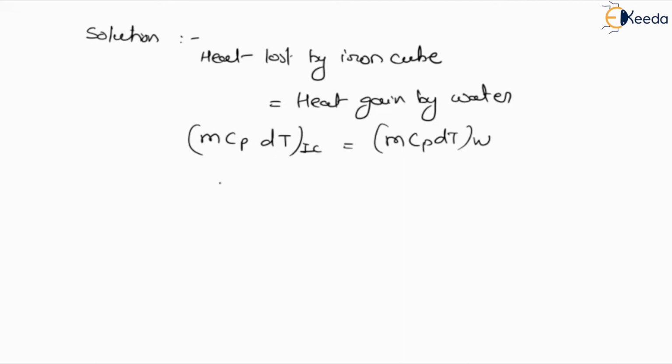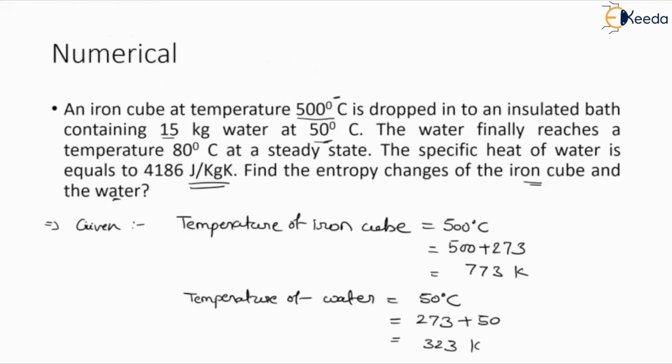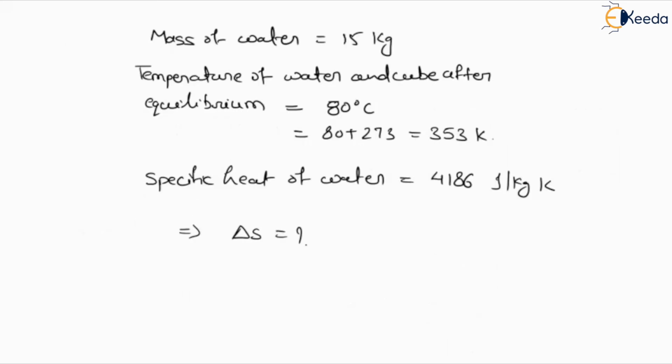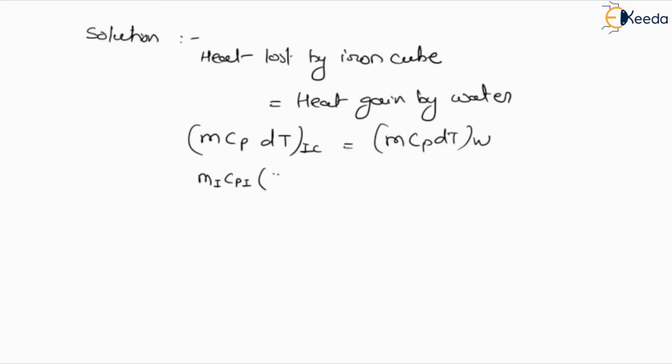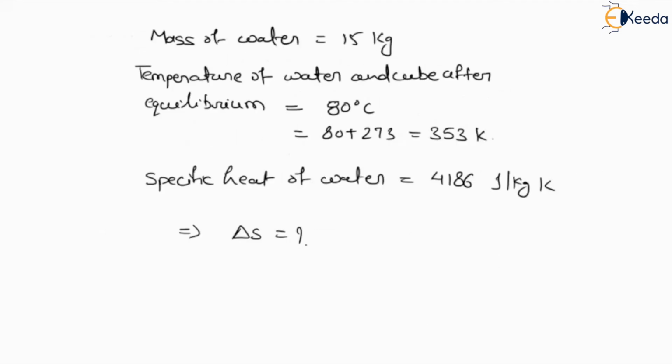So here let me write it down. It will be m_i Cp_i times dT, where the temperature difference is the temperature of the iron cube, 773, minus the final temperature, 353.